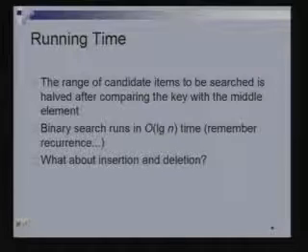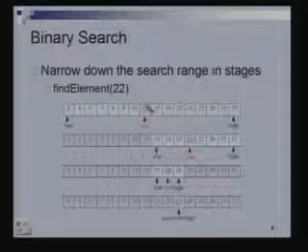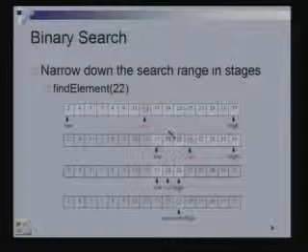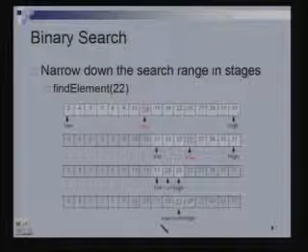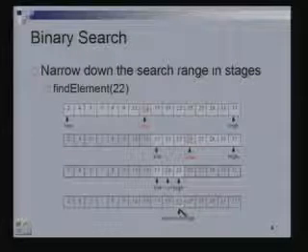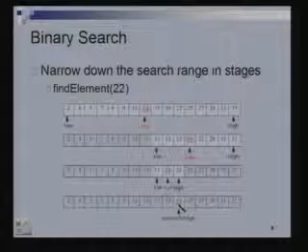This is just to recap what binary search was. You remember binary search: to search for 22 you would go to the middle element, 22 is larger so you go to the right, 25 is smaller so you go to the left, and so on. In that manner you will eventually end up with the array location which has 22, or an array location which does not have 22.